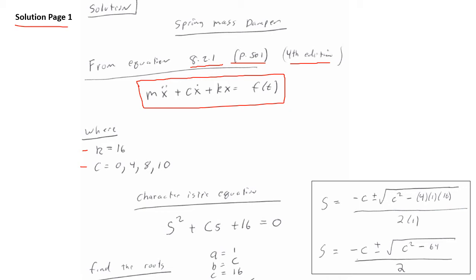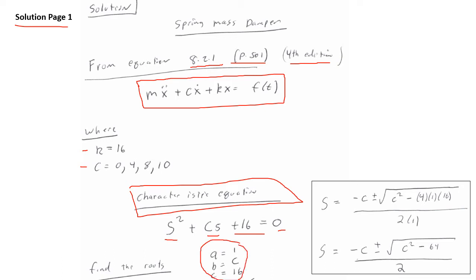So we can solve this by finding our characteristic equation, which would be s squared plus cs plus 16 is equal to 0. This is a quadratic, so we could find the roots of the quadratic if a is equal to 1, b is equal to c, and c is equal to 16. I know that's a little bit confusing using the general terms for a quadratic, so we'll just put it right into radical form.